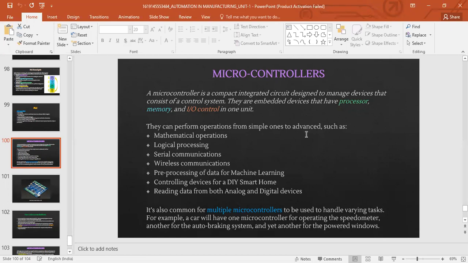And what are those? Mathematical operations, logical processing based on the program that we have fed, serial communications, wireless communications as well, pre-processing of data for machine learning, that is another application, controlling devices for a DIY smart home. Because what is DIY? It's a very common word, right?